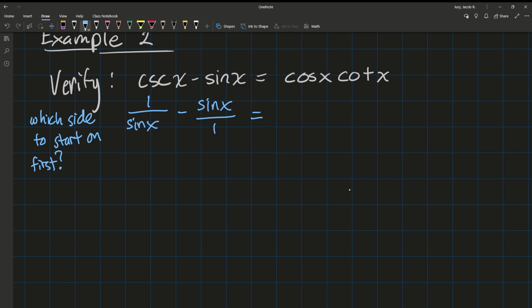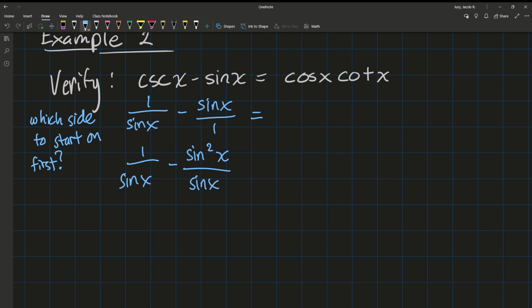So I know that my common denominator has to be sine. Over here on my left, I already have a sine as my denominator, but on my right, I don't. I have to multiply in a sine.